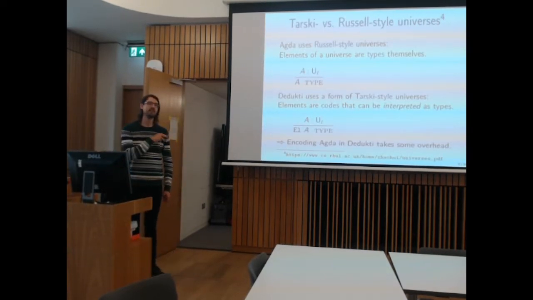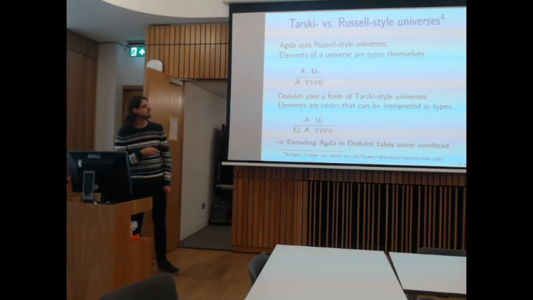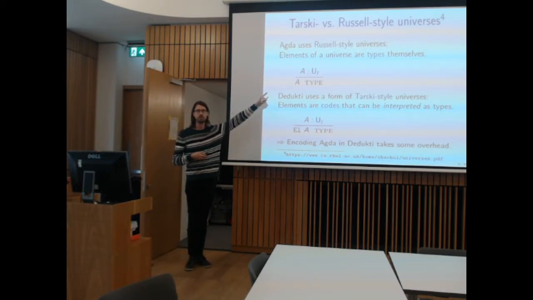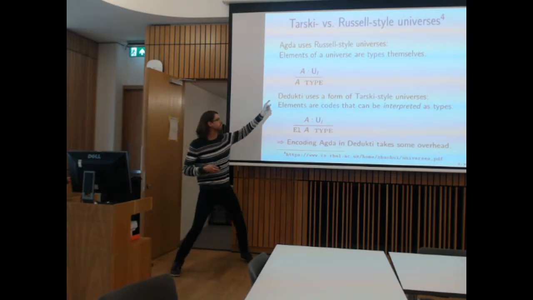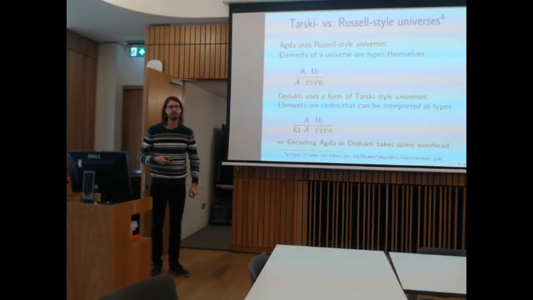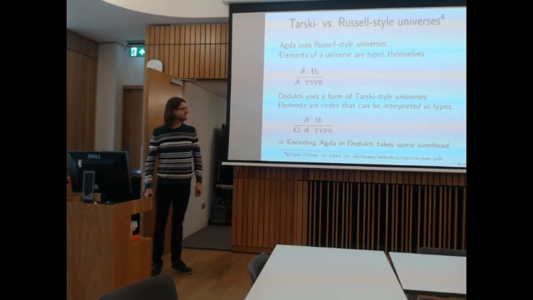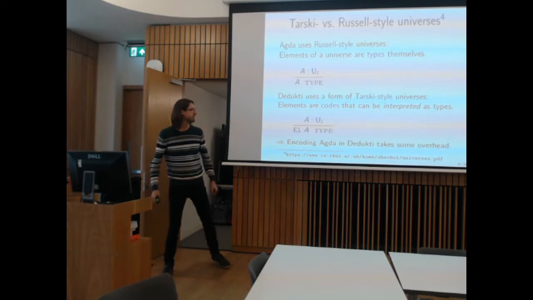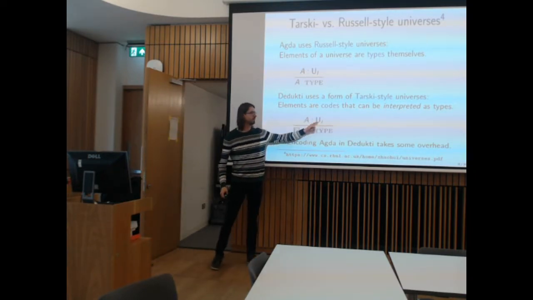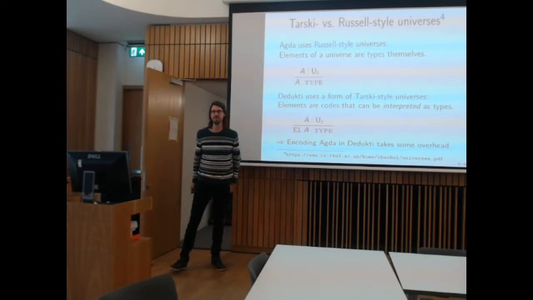Then there's the first challenge, which is that Agda uses Russell-style universes. That means that if you have an element of a universe or of a sort, then that element itself is a type, and you cannot do that in deductive. Deductive uses Tarski-style universes, which means that if you have an element of a universe, you have to have some function that interprets this element.